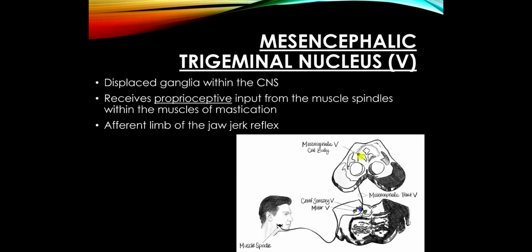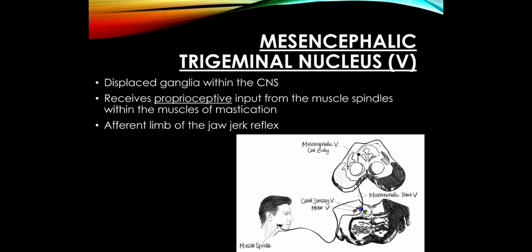Okay, here is the mesencephalic trigeminal nucleus, and so let's say you are talking or chewing. With every jaw movement that goes up to the mesencephalic nucleus, which then can communicate with the motor trigeminal nucleus, which is right here, to regulate very precise chewing and talking.